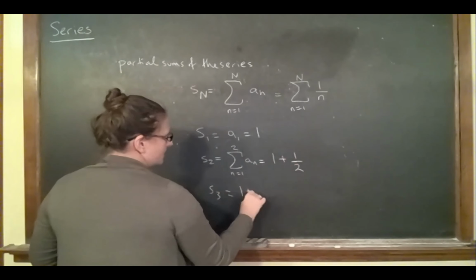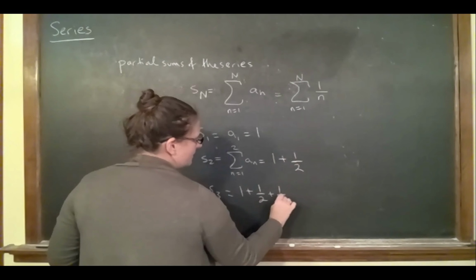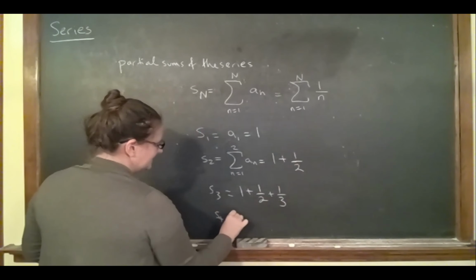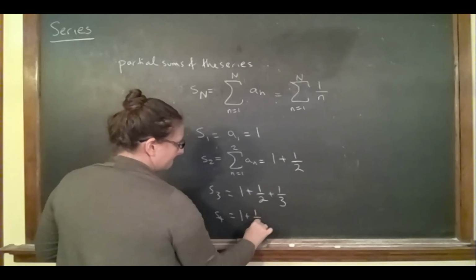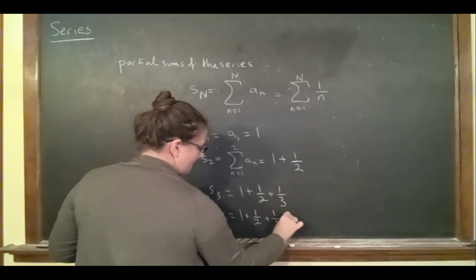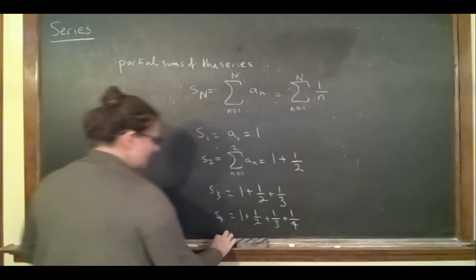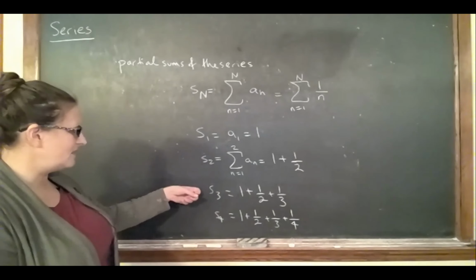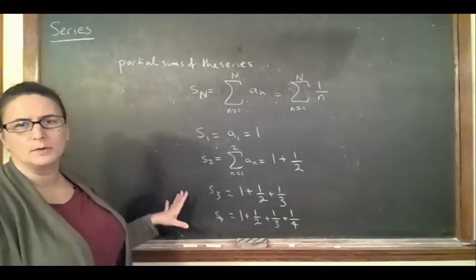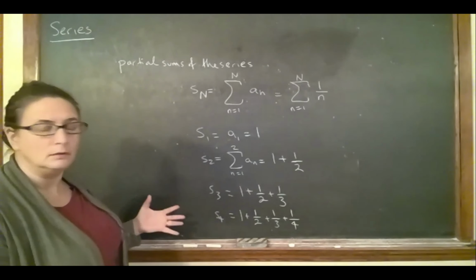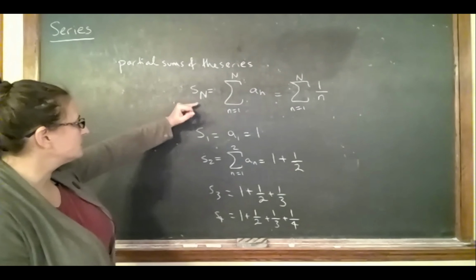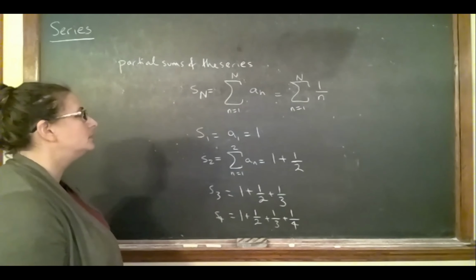S3 is just going to be 1 plus 1/2 plus 1/3. S4, etc. So these are those. Each of these sums is a very normal finite number, right? So if I pick a specific n, I just have a regular sum.